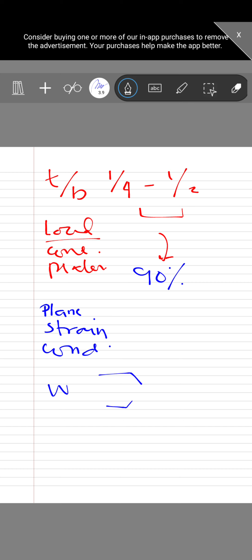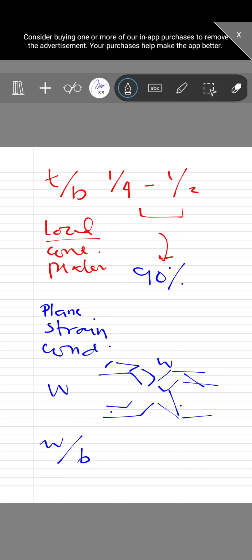This is the specimen, so its width w, taken against the width of the platens, must be greater than 5. That means the specimen should be 5 times or more wider than the platens.